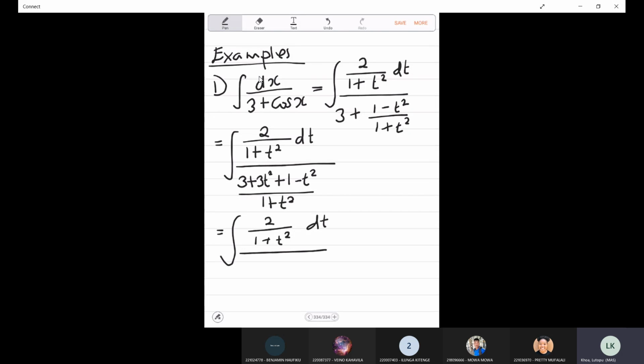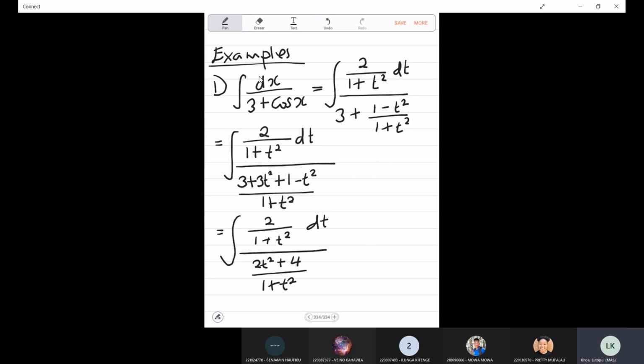Then in our denominator, we have 3t squared minus t squared, which is 2t squared plus 4. Is that right? 2t squared plus 4, and then divide this by 1 plus t squared.